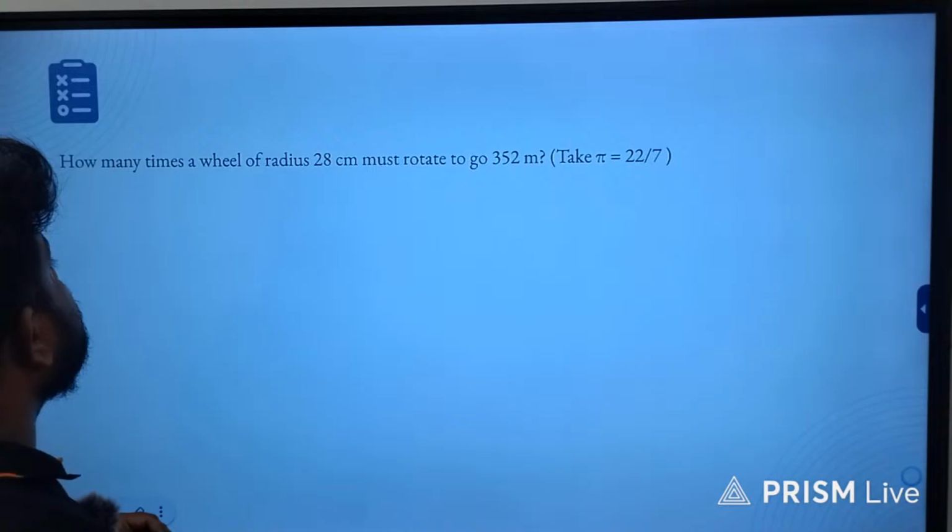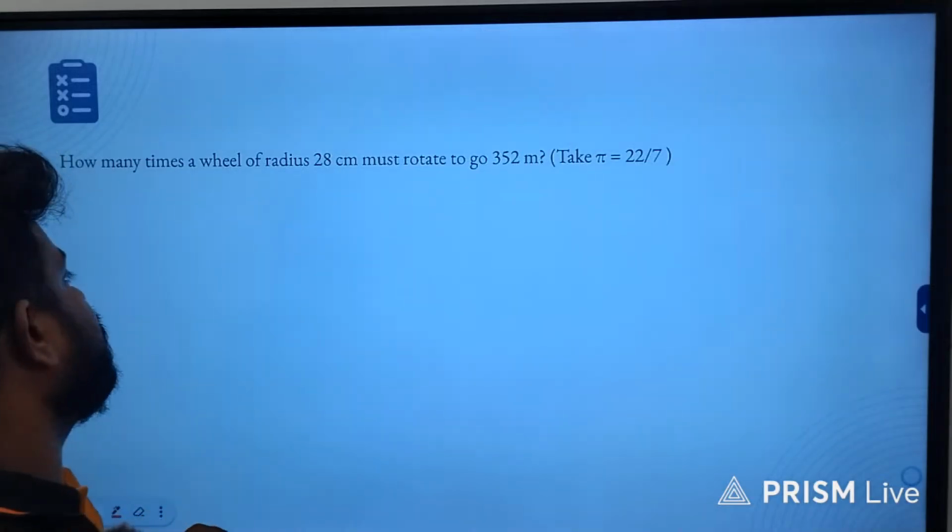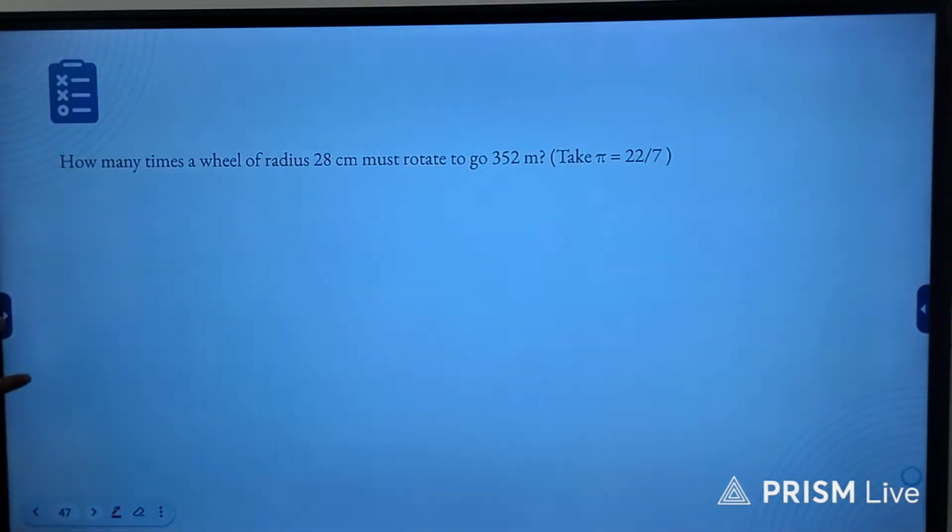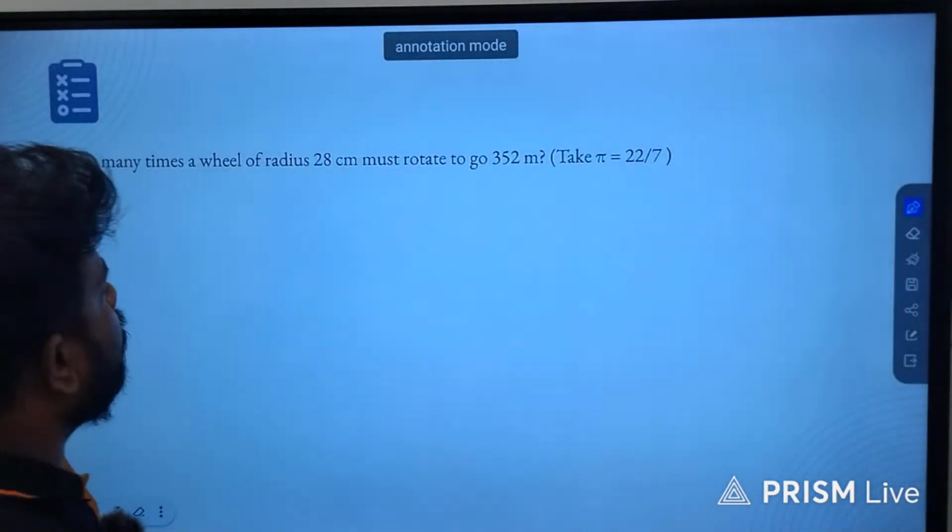Okay, how many times must a wheel of radius 28 centimeter rotate to go 254 meter?